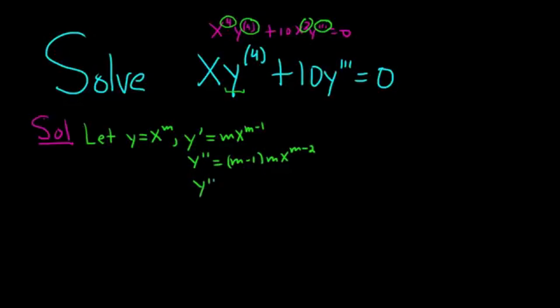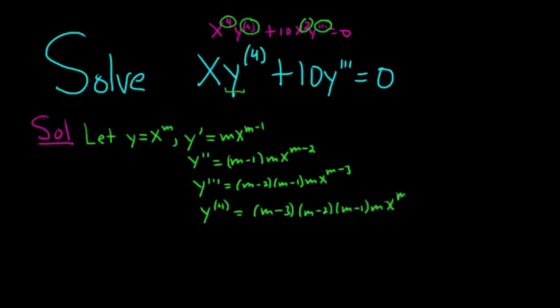We do it again, and we get m minus 2, m minus 1, m, x to the m minus 3, just keep subtracting 1. And then one more time, our 4th derivative would be m minus 3, m minus 2, m minus 1, m, and x to the m minus 4. Okay, now we're in good shape.